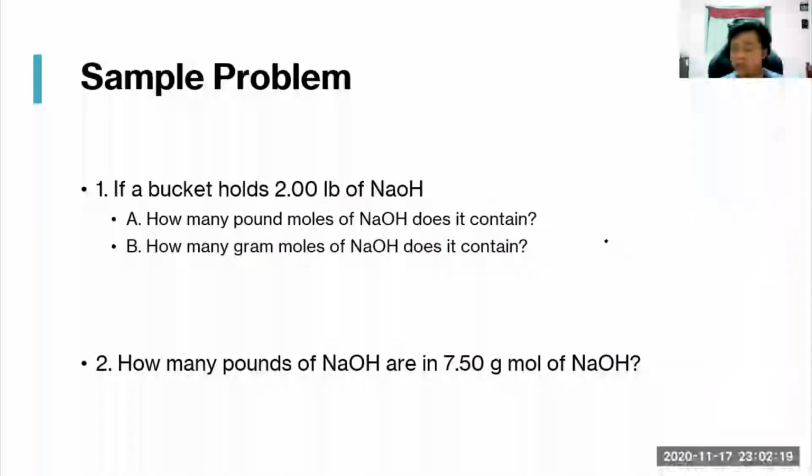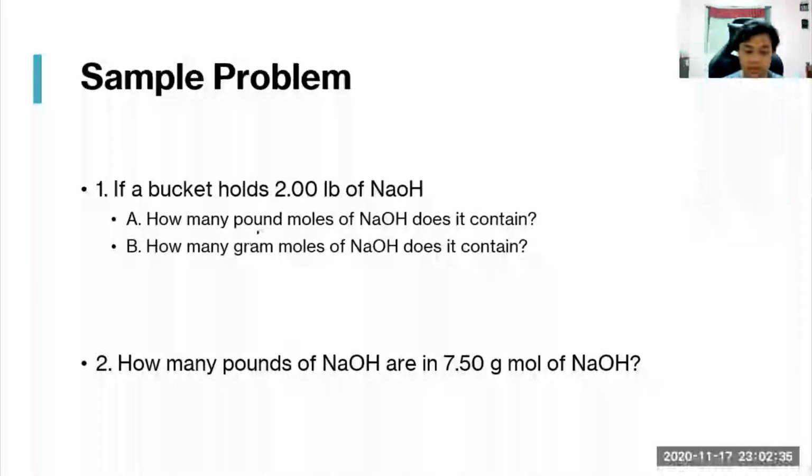If a bucket holds 2 pounds of sodium hydroxide, how many pound moles of NaOH does it contain, and how many gram moles of NaOH does it contain?